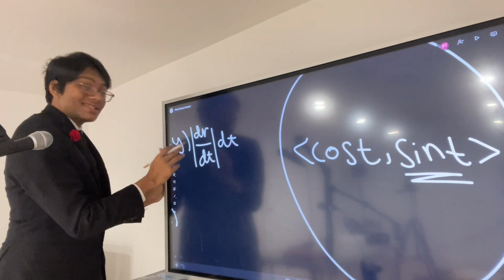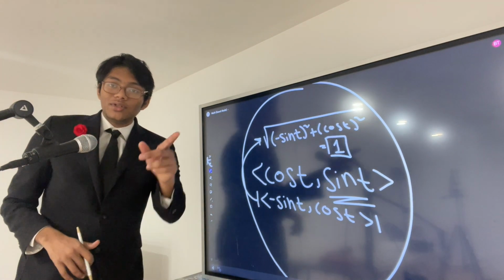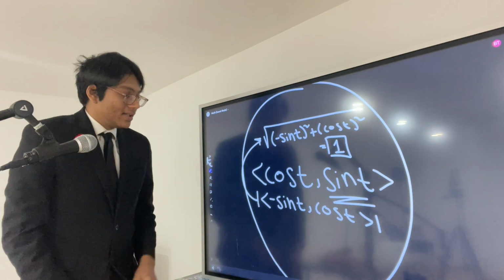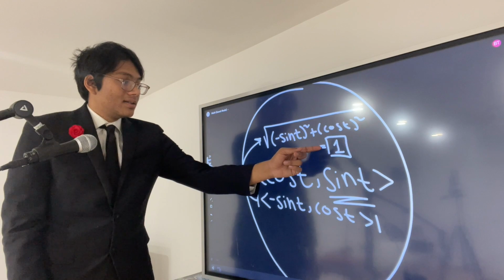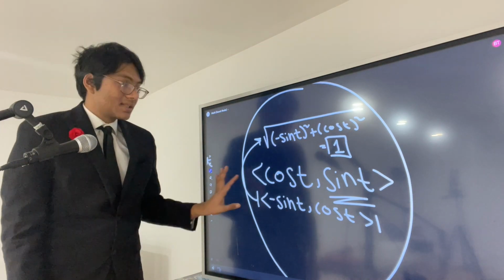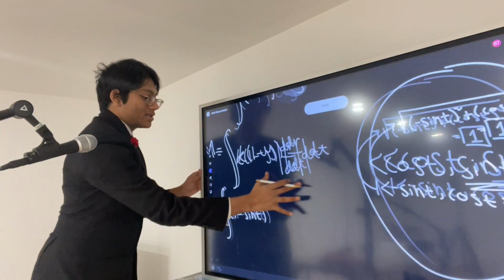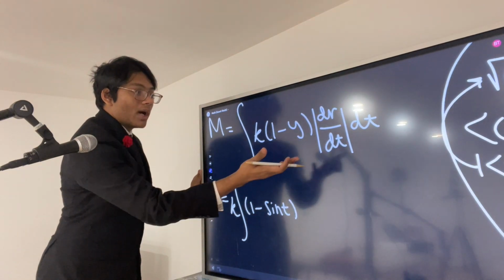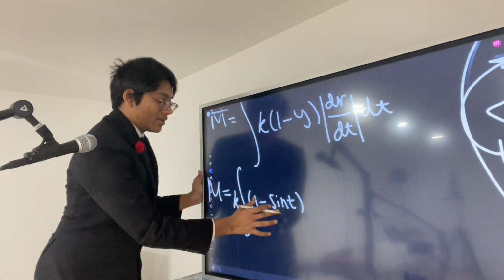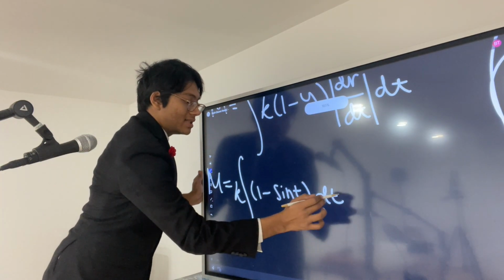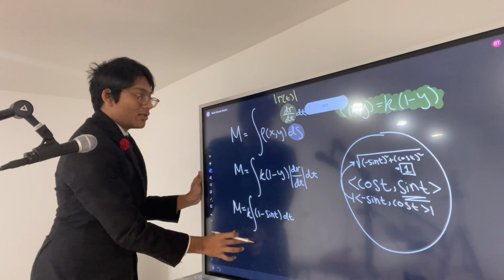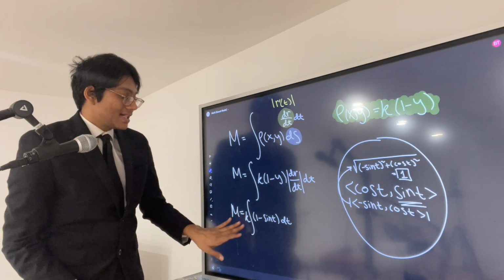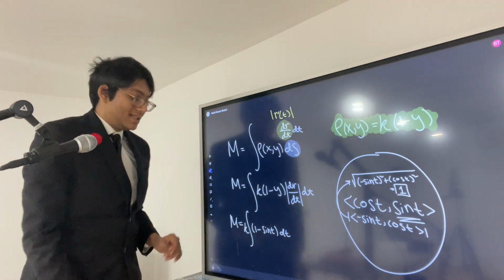So this is not absolute value. Hopefully the folks on YouTube and the folks in the live can see this. So we have our magnitude of the velocity vector, which is simply 1. So instead of dr dt, instead of this funny business, I can simply write 1, which is equivalent to writing nothing at all. And I'll write dt here. So I have my mass is k times the integral of 1 minus sine t dt.